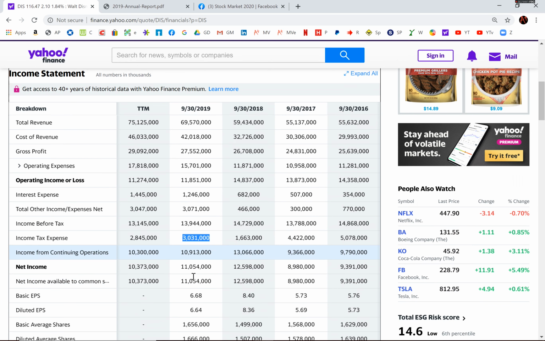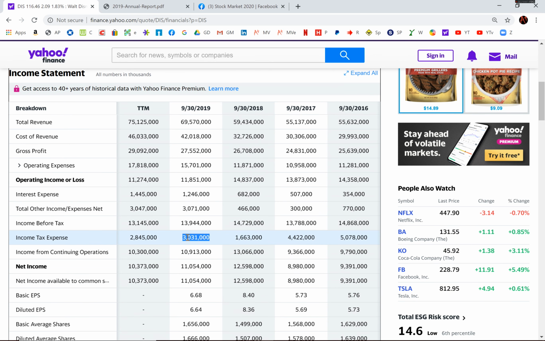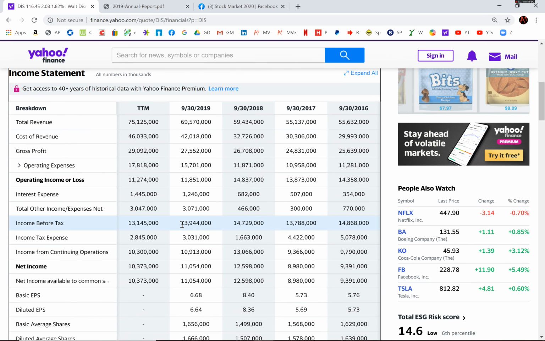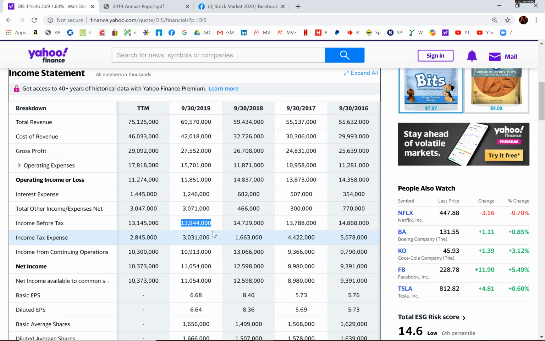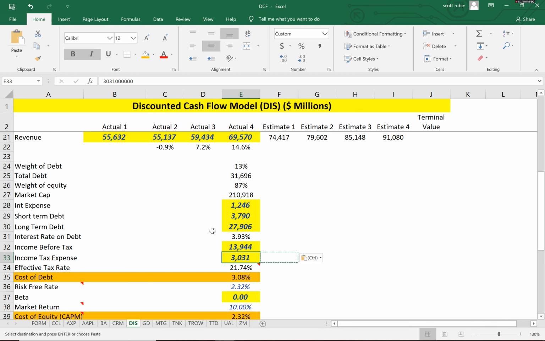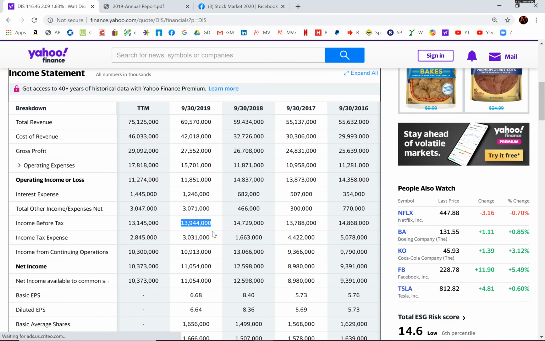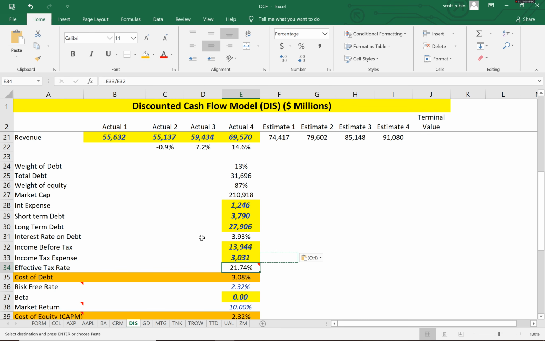Okay. So their income before tax is 13 billion. And their income tax is 3 billion. So their effective tax rate is 21%, which looks about right. I would expect around 20%. So that looks right.